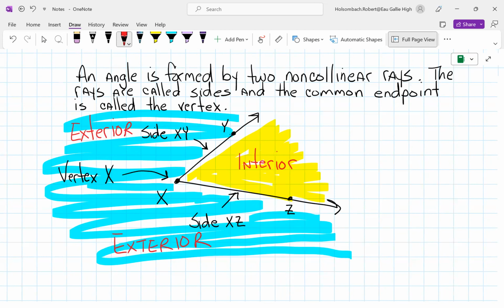So any point that's located in the yellow region is in the interior of the angle. Any point that's located in the exterior or in the blue is in the exterior of the angle.